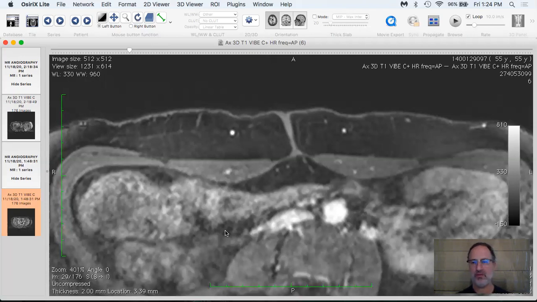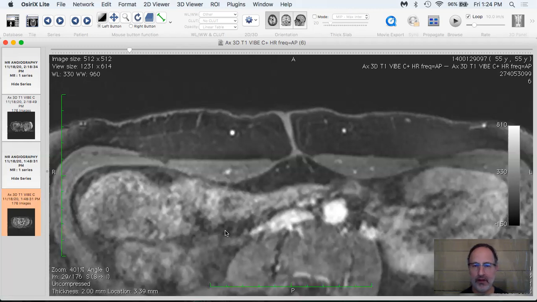But the problem with CT is that it does radiate patients who are at risk for or who have recently had cancer. So there's a reluctance to want to expose such patients, or anyone for that matter, to radiation if it's not necessary.